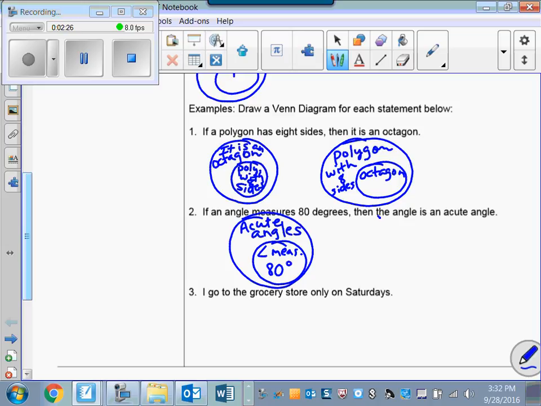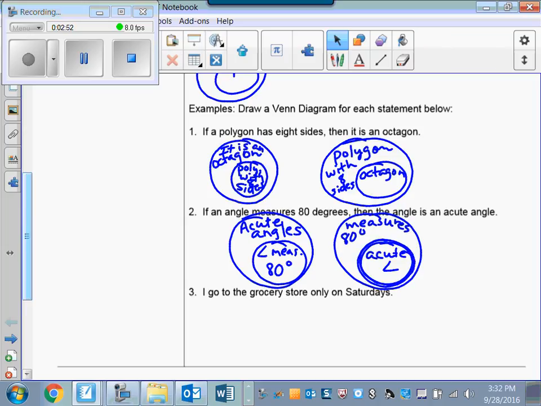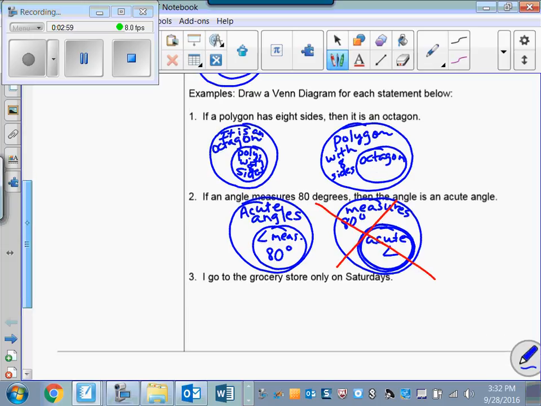Could I write this one as, if an angle is an acute angle, then it measures 80 degrees? I don't think so. Why? Because all acute angles don't measure 80 degrees. This scenario says that every single acute angle measures 80 degrees, so that one definitely does not work. So there's a case where we couldn't write a biconditional because the converse is not true.